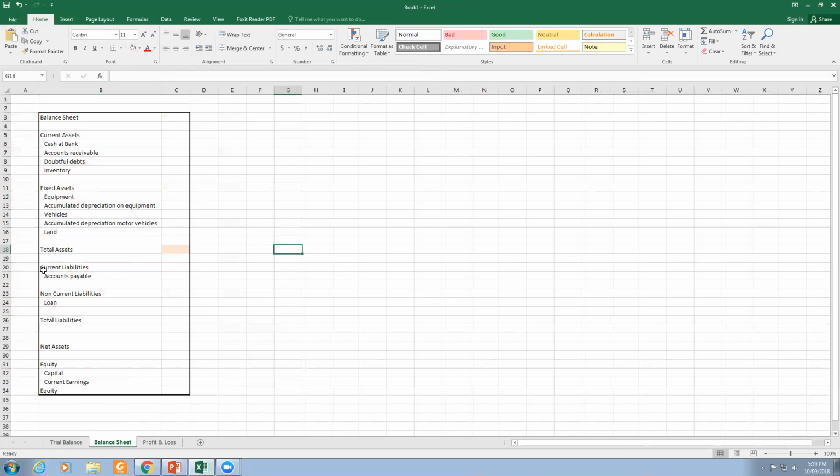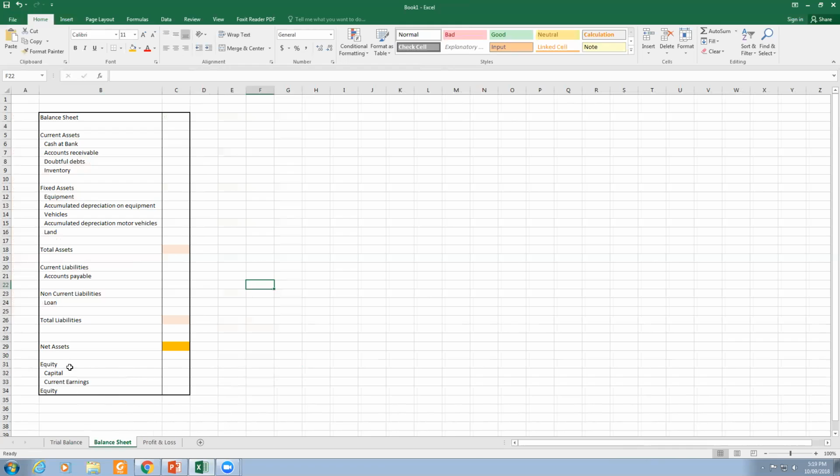And then you need to do again the current liabilities, non-current liabilities, and total liabilities would be adding these things up. And after that you need to minus total liabilities from total assets. You get net assets, right? Net assets, let's make it euro, right?